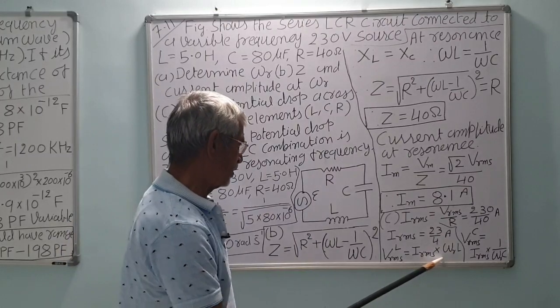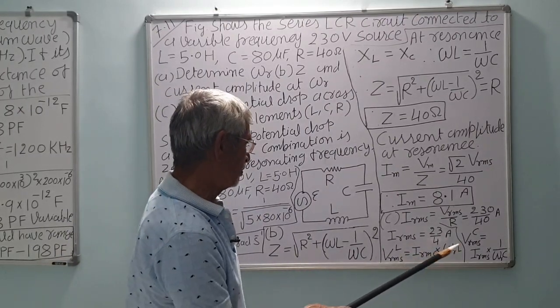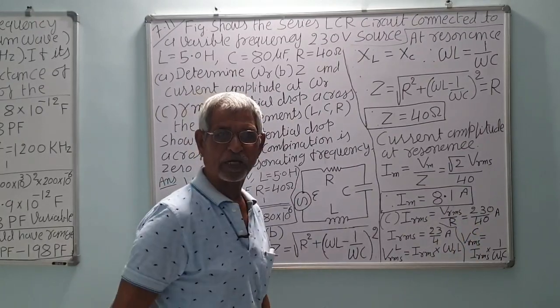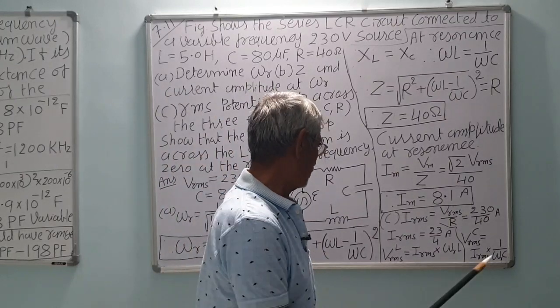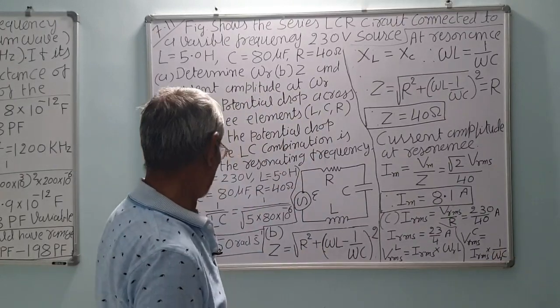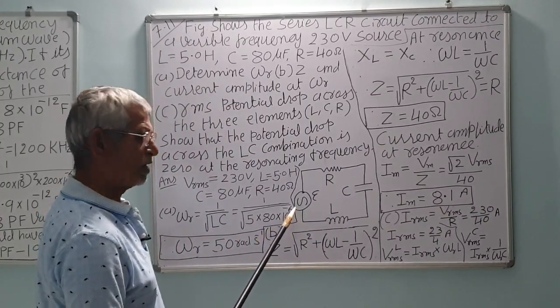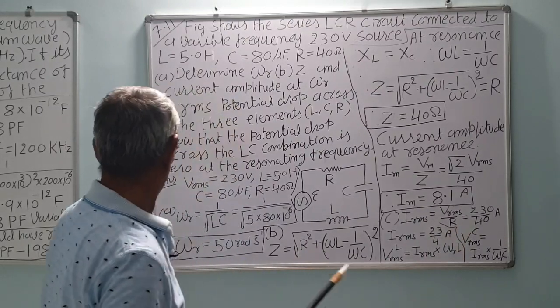So you can calculate it, there is a shortage of space, so I leave it to you. Similarly, Vrms across the C is equal to Irms into the capacitive reactance, that is 1 upon omega C. Omega is 50 and C is 80 into 10 raised to minus 6 farad. So you can calculate this one.